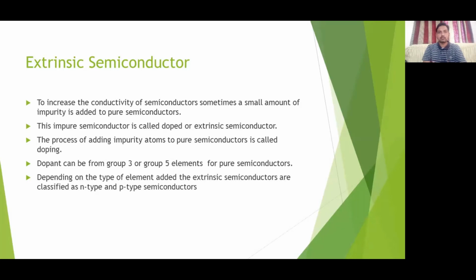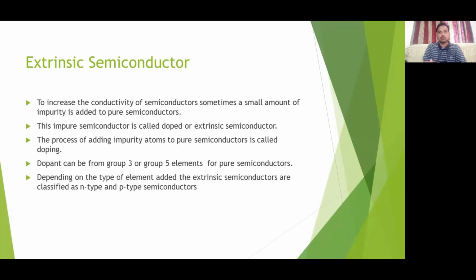add some impurity atoms so that the impurity atoms can cause an increase in the number of free electrons present in the conduction band of the semiconductor. So to increase the conductivity of a semiconductor, we add a small amount of impurity to a pure or intrinsic semiconductor.